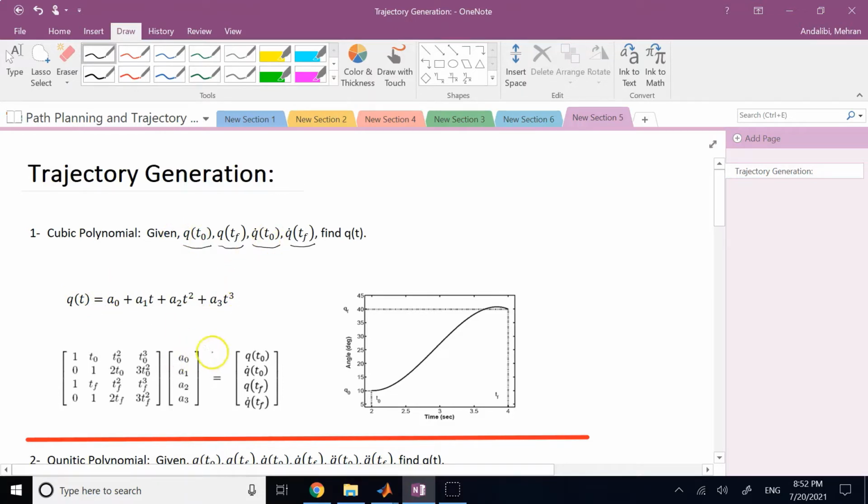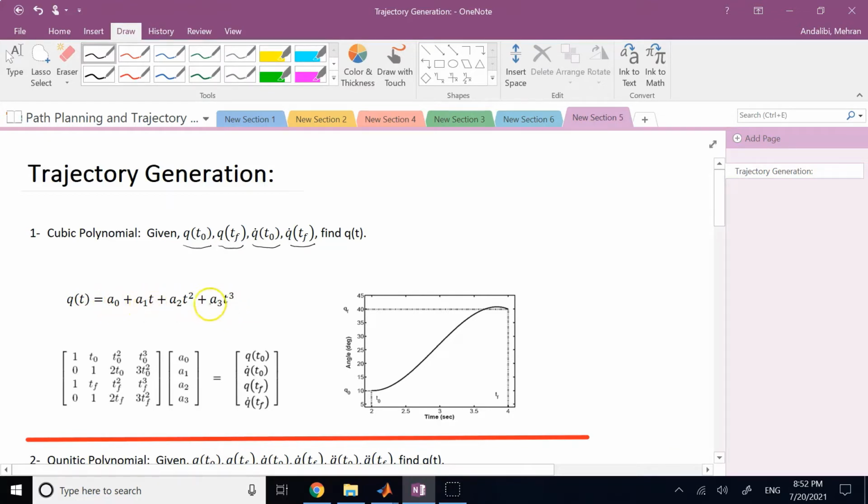But you can do this operation, basically this curve fitting, to each and every one of the joint variables. If you have 4 joints, and you call them q1, q2, q3, and q4, for each one of those q's, you can apply a cubic polynomial like this. So I say this specific q is going to be a cubic polynomial.